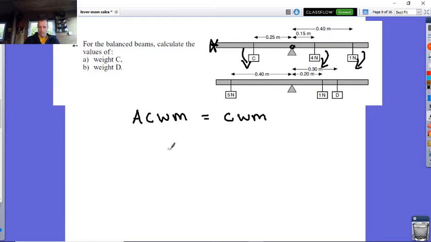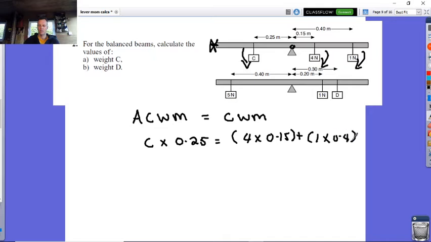So you're going to have C multiplied by the perpendicular distance, which is 0.25, equal to this one here, which is 2 parts: the 4 multiplied by the perpendicular distance 0.15, and then 1 newton multiplied by 0.4, the perpendicular distance.